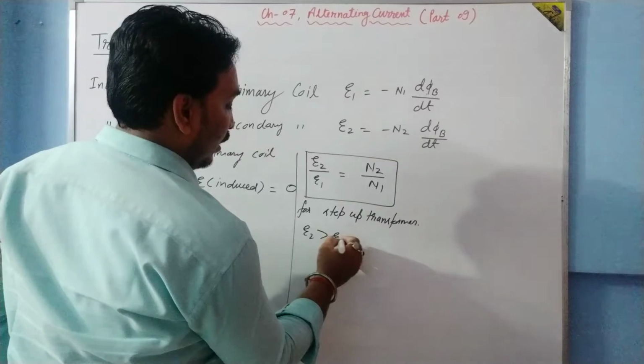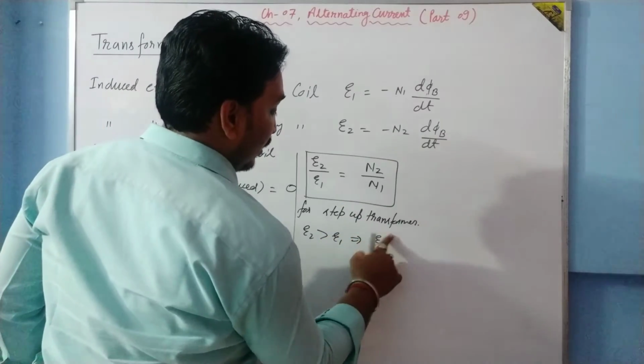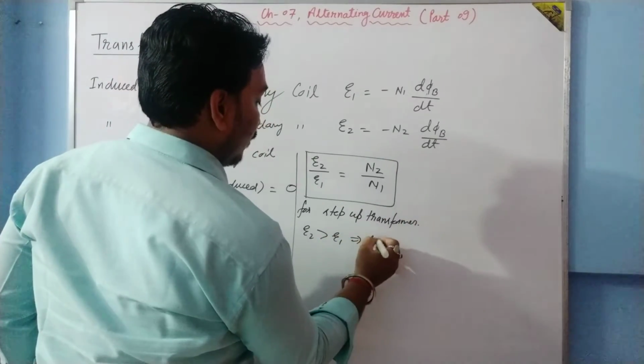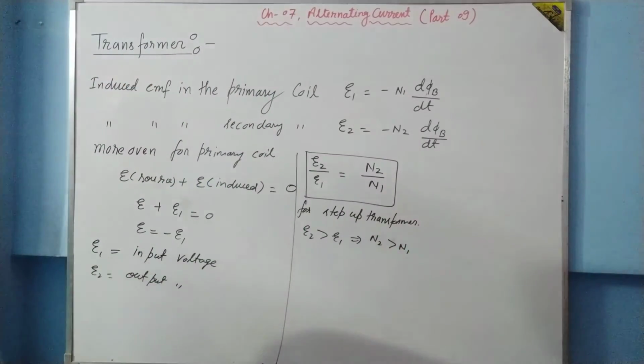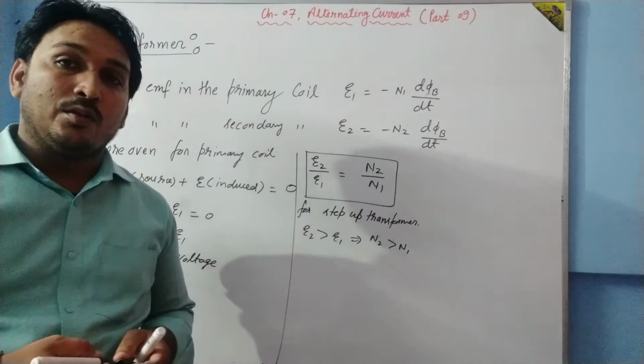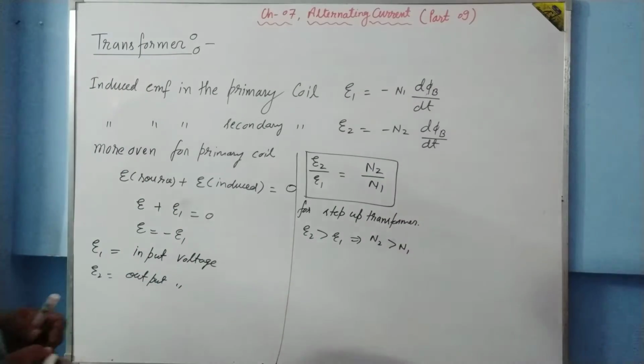E2 must be greater than E1, which implies that N2 must be greater than N1. Means the number of turns in the secondary coil must be greater than the number of turns in the primary coil.